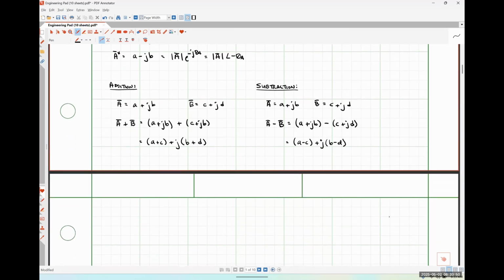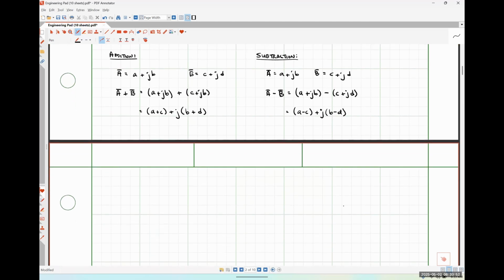So now let's look at multiplication. Multiplication has a way to do it in polar and exponential form, but I'm going to handle rectangular form first.